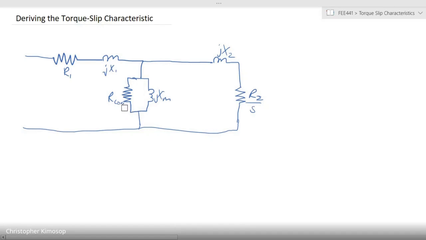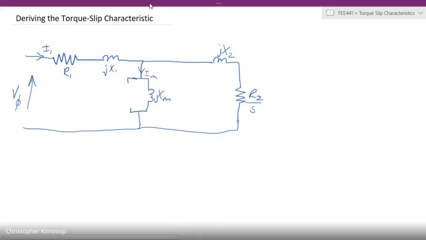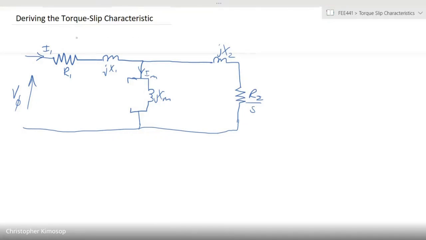I'll explain a bit about that in the next lecture, but for now we can assume that this arm is equivalent to an open circuit. That is, the core resistance is high enough that we can assume there is nothing on this side, and we simply have JXM, the magnetizing reactance. That's our phase voltage there, our current there, IM.